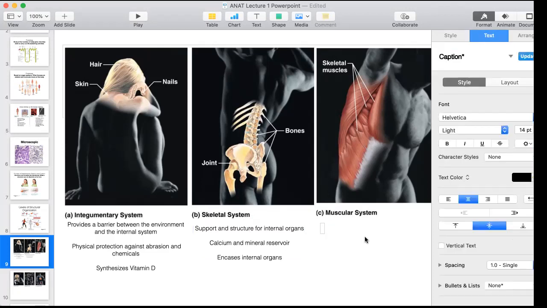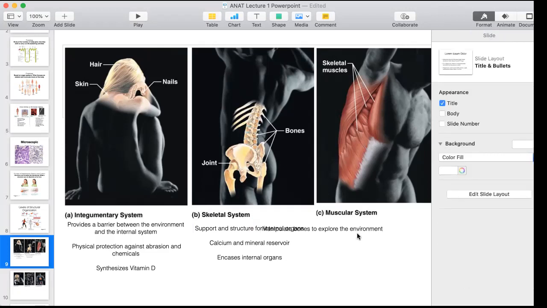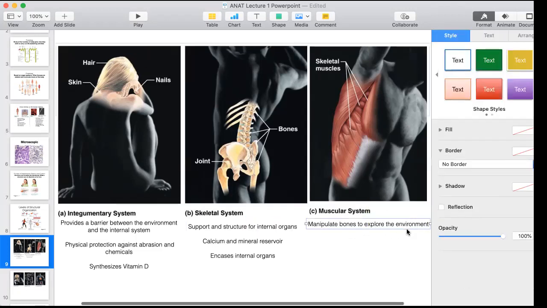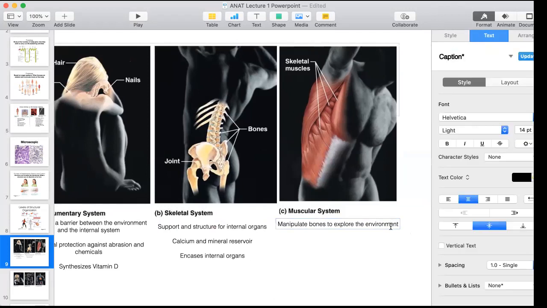Muscular system, what this does is it allows us to manipulate bones to explore the environment. So it is responsible for, fancy term for locomotion. It allows us to move our bones in order to explore the environment.